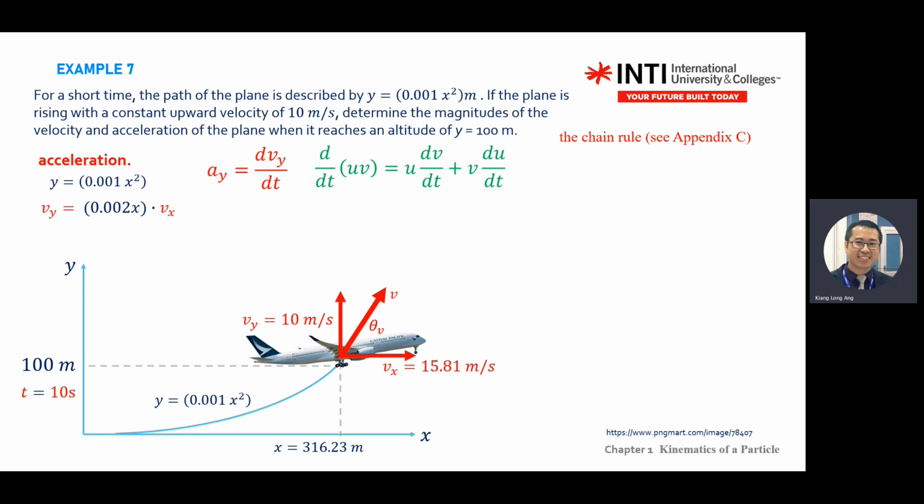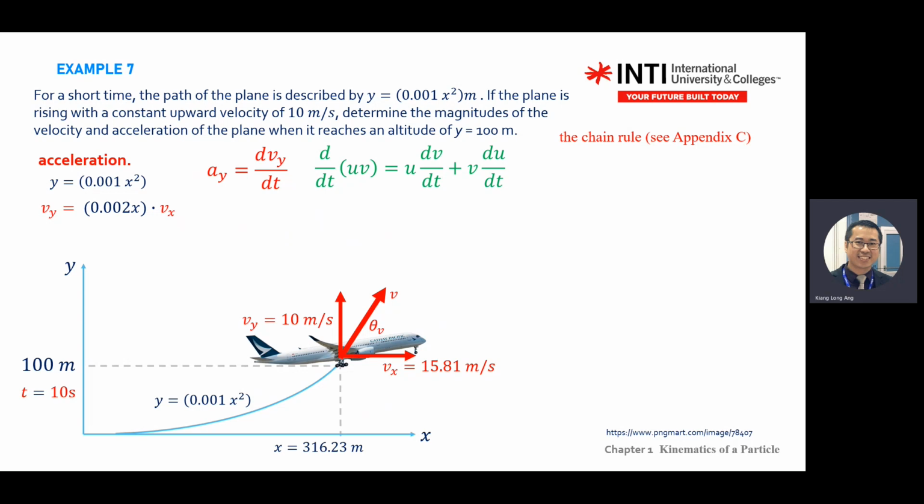So you do the chain rule, d/dt of uv equals u dv/dt plus v du/dt. U means the first term, v means the second term. You just use this general equation, substitute, then you do it. You freeze the first one and differentiate the second one, plus you freeze the second one and differentiate the first one.